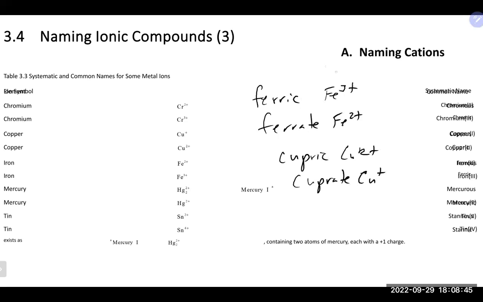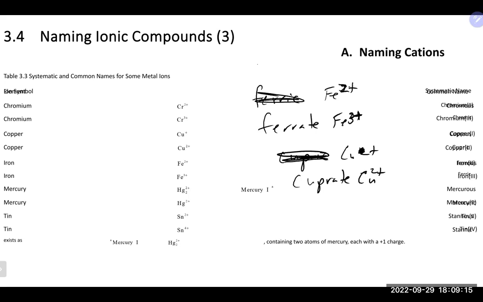I think I got that backwards. Other way around. Cupric would be 2, and cuprous would be 1. It's so old I haven't done it in a while. We use the ending -ic or -ous, and actually this is what I learned.